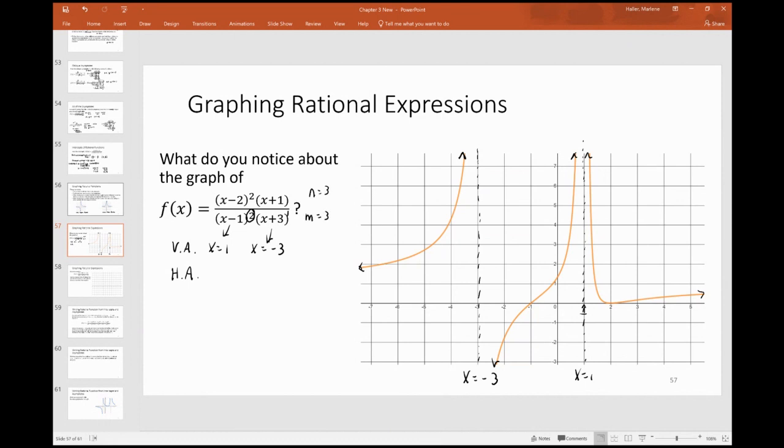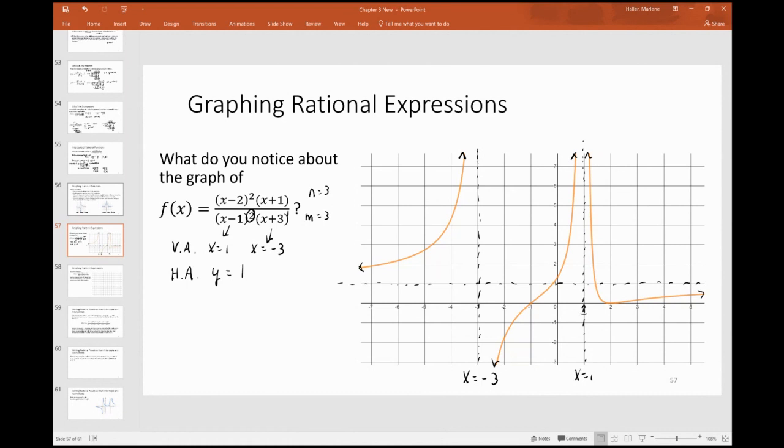They're the same. So what is the ratio of the leading coefficients? It's just 1 over 1, right? So we have a horizontal asymptote at y equals 1 over 1, or y equals 1. So there's our horizontal asymptote. Visually, you can glance at it and it looks like there's one there. Now we know how to find it exactly, right?